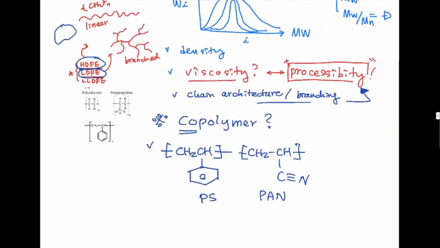This PAN is the polymer coming from acrylonitrile, CH2 double bond CH with this. It is one of the odd monomers. It is an expensive monomer. And not only that, once you make the polymer, it is very difficult to process.